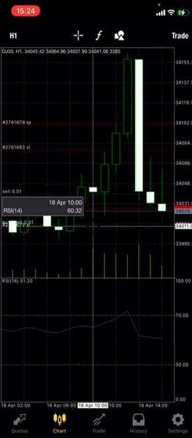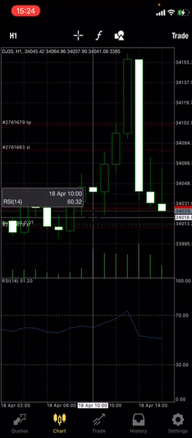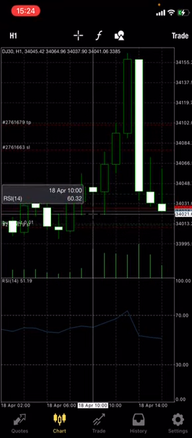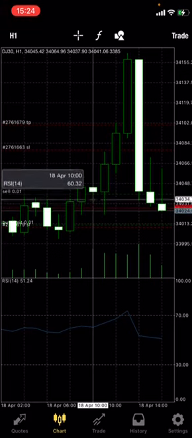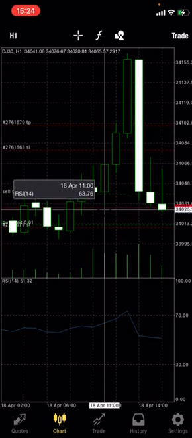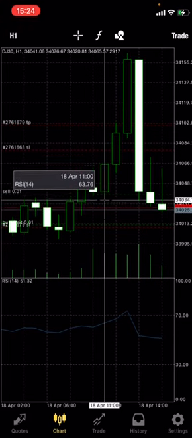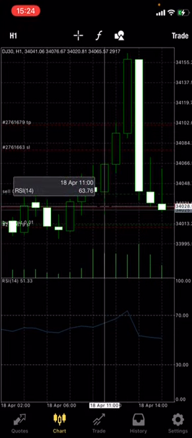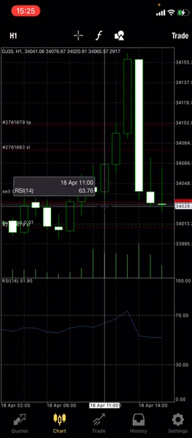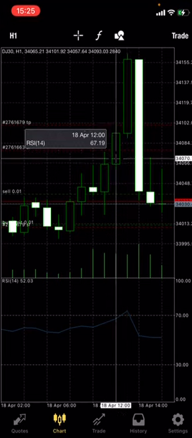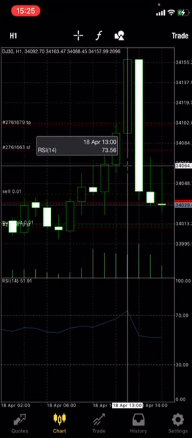If the market is pointing up or rejecting on this area and then going up, you know that maybe at some point it's going to reject here, so you just put your limit somewhere here and say, okay, 34064.